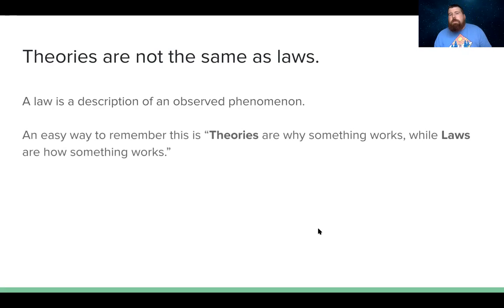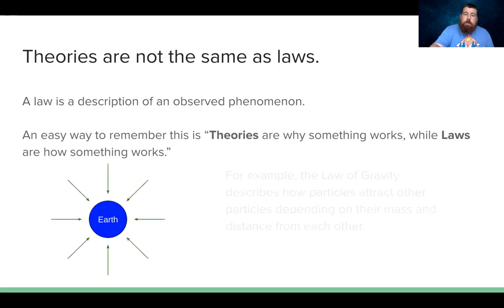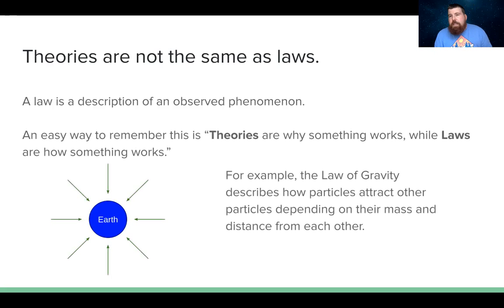An easy way to remember this is theories are why something works, while laws are how something works. As an example, we have the law of gravity. We know that particles are attracted to each other depending on their mass and distance away. And there's even a mathematical formula that relates the gravitational force between two objects.